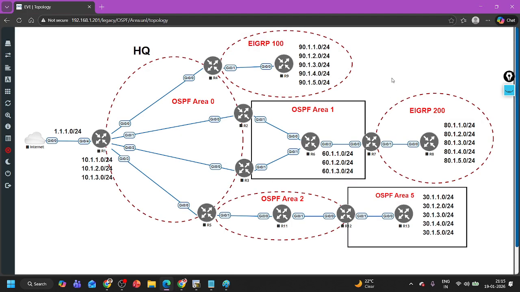No. In NSSA area, the ASBR router is going to generate LSA 7 to advertise external prefixes. ASBR will generate LSA 7 to share external prefixes in OSPF NSSA area. LSA 7 is for NSSA area only.